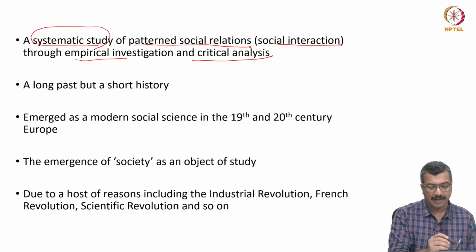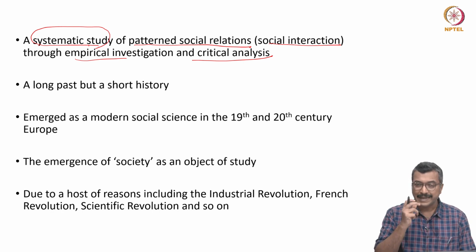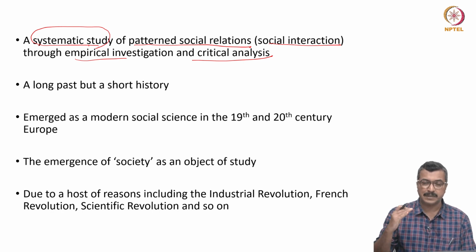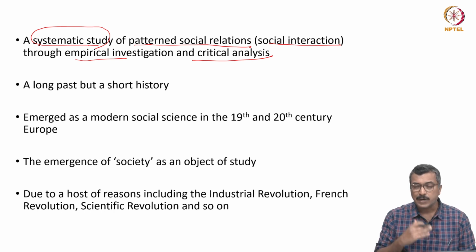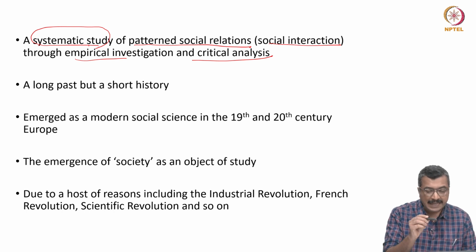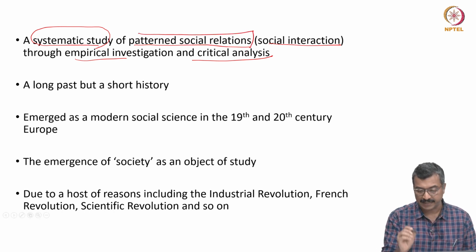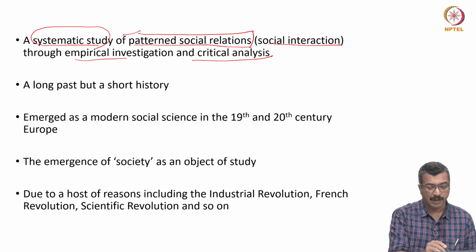A systematic study tells you that the discipline has established patterns and very specific understandings of its methodological and epistemological foundations. So it's a systematic study, and it studies patterned social relationships. This is an important concept.